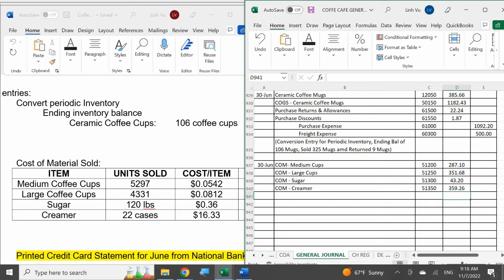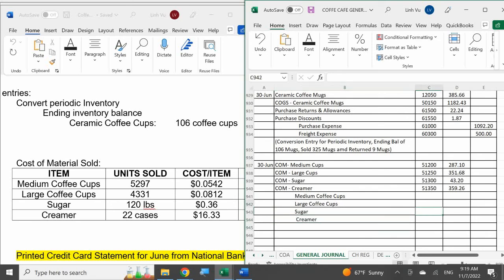Okay? So in this case, if I used my medium cups, my large cups, my sugar, my creamer, you're going to take them out from their respective accounts. So in this case, medium coffee cups, your large coffee cups, your sugar account, and your creamer account.